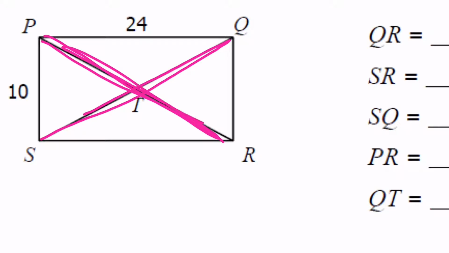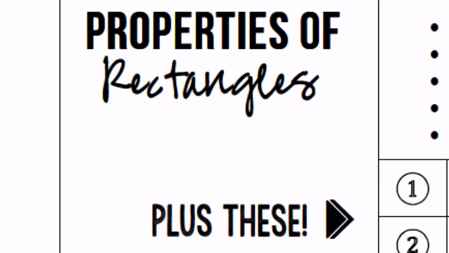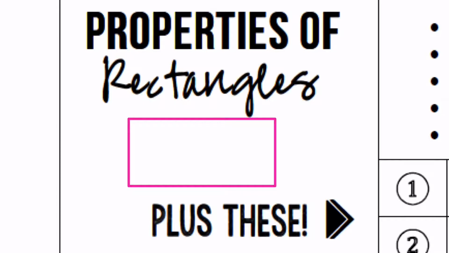This is congruent to this here. Which means that all 4 of the bisecting pieces are also congruent. So I can go ahead and draw a rectangle up here so that we can see this. It's not a very good one, but it'll do.